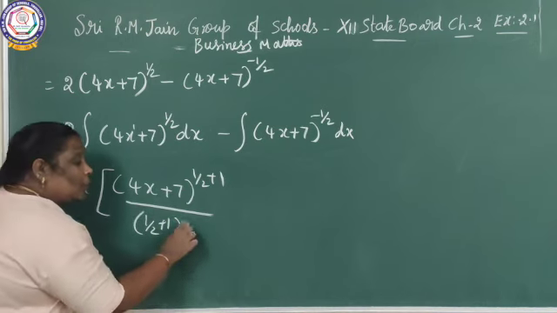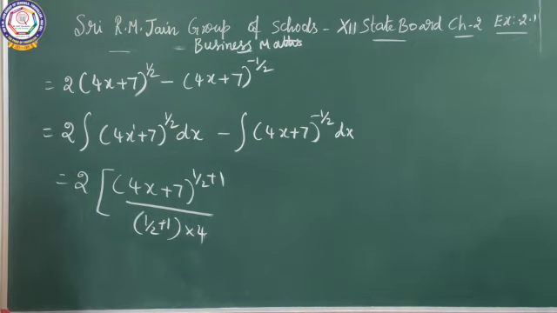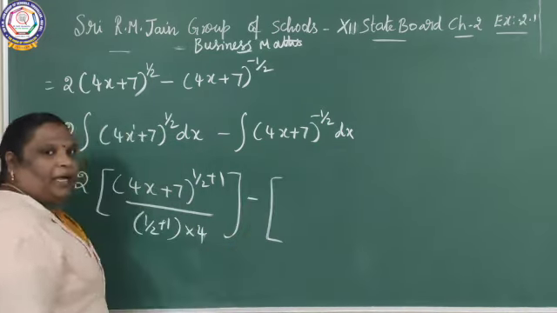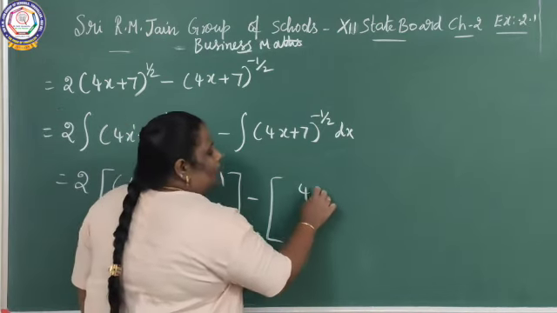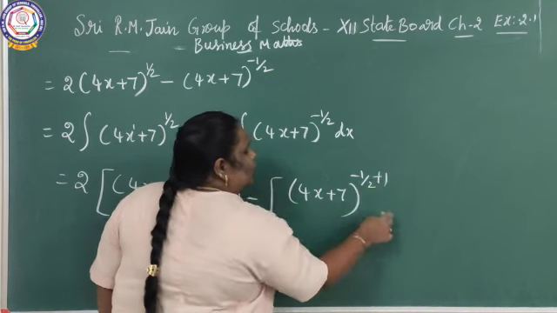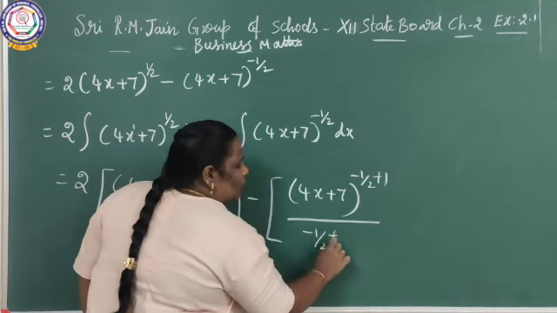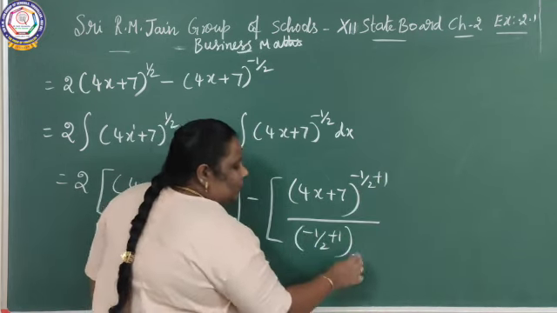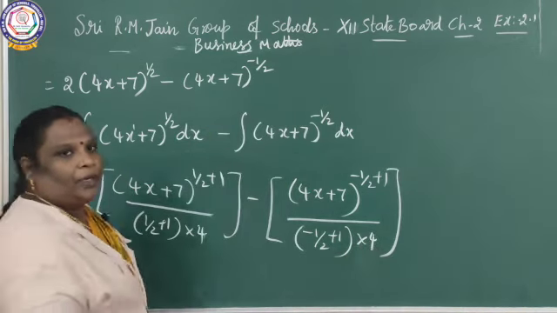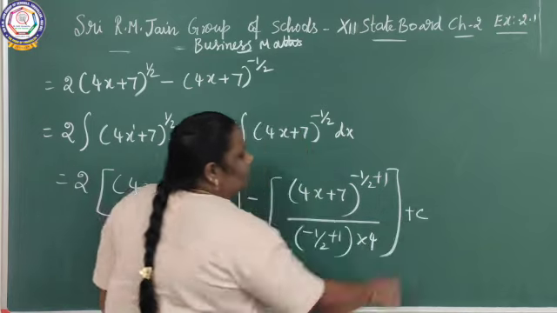You can write the coefficient in the denominator. Minus, the same thing, (4x + 7) whole power minus 1 by 2 plus 1 by minus 1 by 2 plus 1. The same thing, that coefficient you can write in the denominator, plus c.